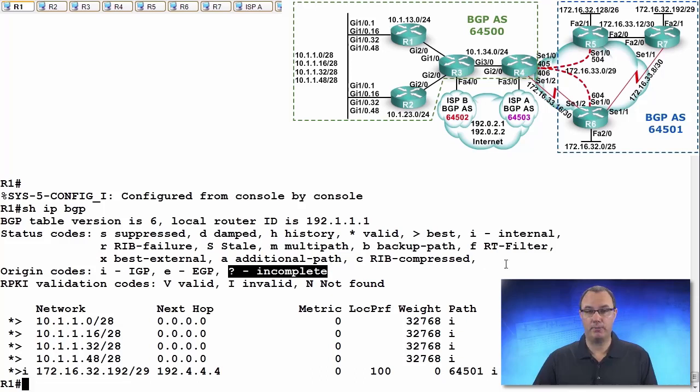And a question mark means it was redistributed. Question mark sounds bad, but in fact it's totally okay to see question marks. It just means it was redistributed. There's lots of good reasons to redistribute routes into BGP. Specifically, redistributing static routes is a common practice because they are quite stable. So we see the letter I. That is the origin code right over there.